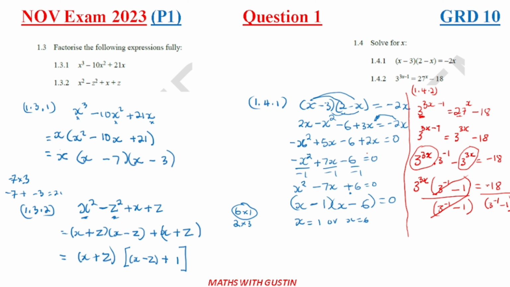So negative 18, don't forget, negative 18 all over, in brackets, 3 to the power of negative 1 minus 1, into your calculator. When you punch it, it is going to give us 27 as our answer, on the other side, which is also a positive 27.